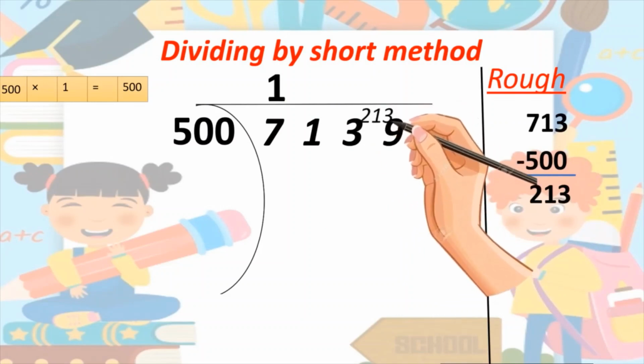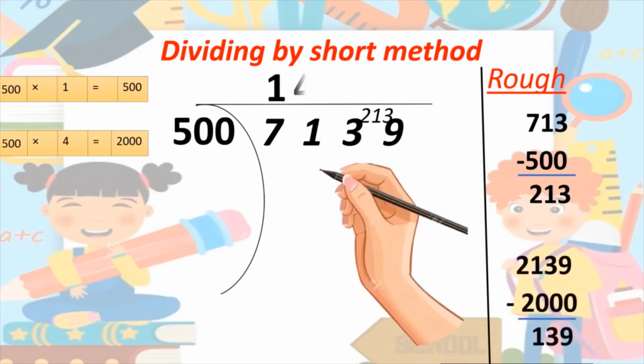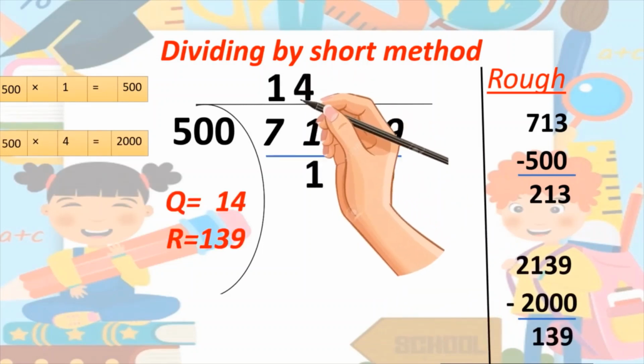Let's bring the next digit together to write it as 2139. 500 4 times is 2000. So we are left with the remainder 139. So the quotient is 14 and the remainder is 139.